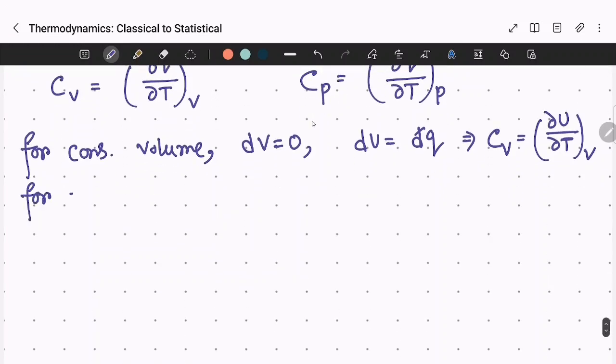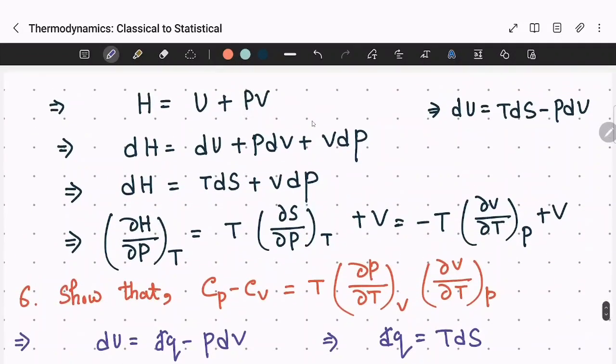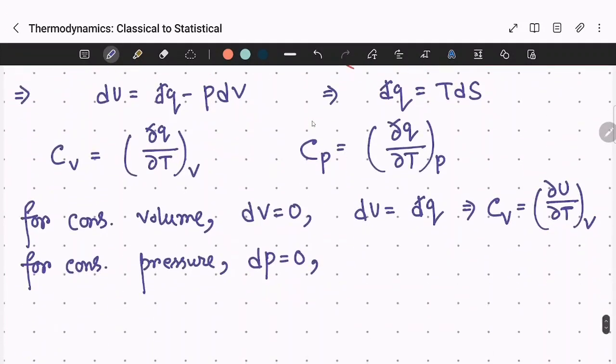But for a constant pressure process, dP is 0. There is no pressure change as such. So if dP is 0, then here I have written, right? Yes, this form, dH is equal to TdS plus VdP.